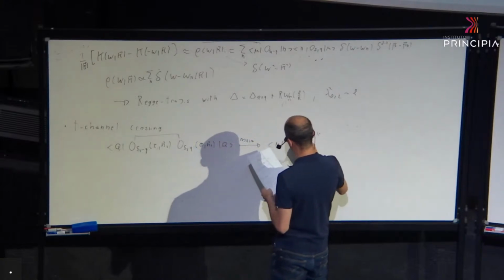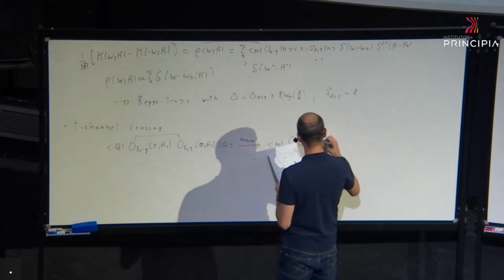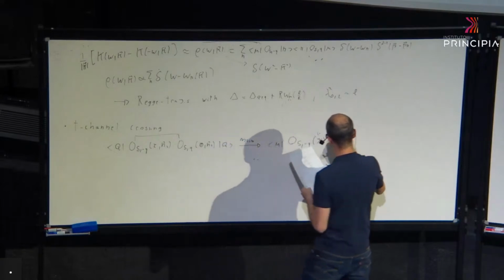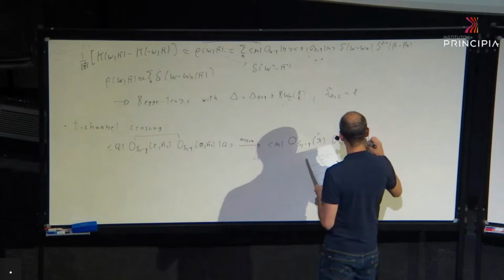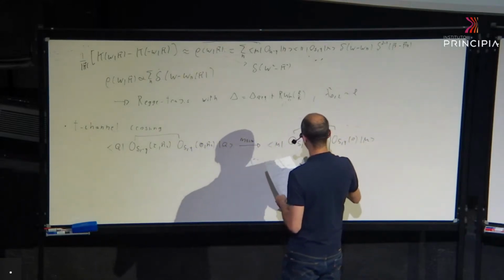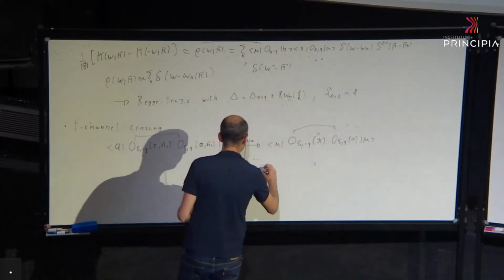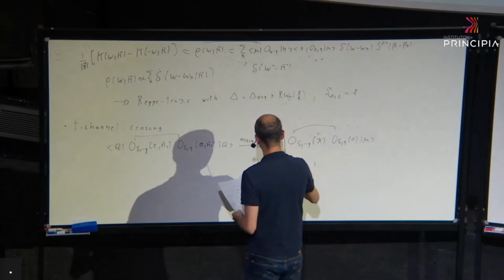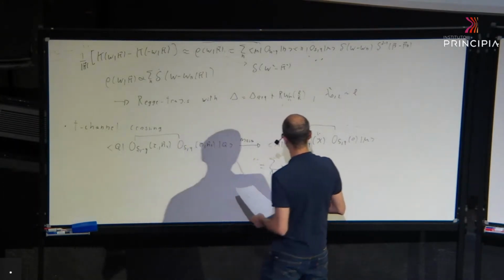In the macroscopic limit, this is just the expectation value of these two operators, O delta Q0. If I do this OPE, it contains a number of light operators, so this will be the sum over delta tilde, L tilde, of charge of order 1.